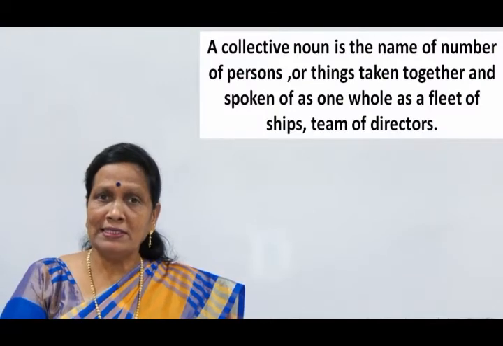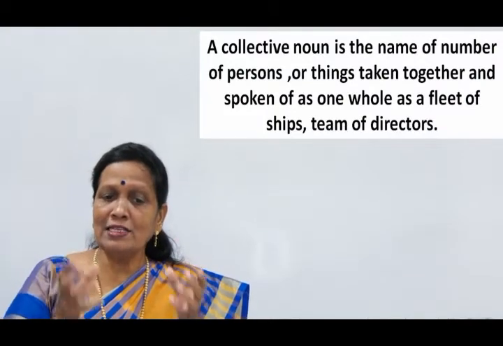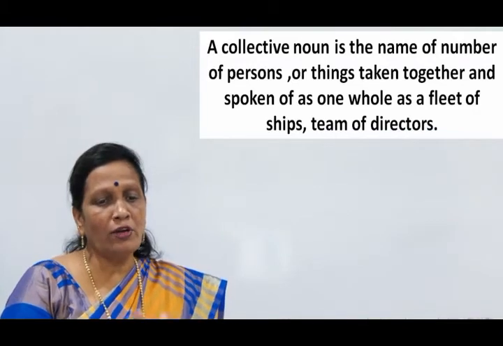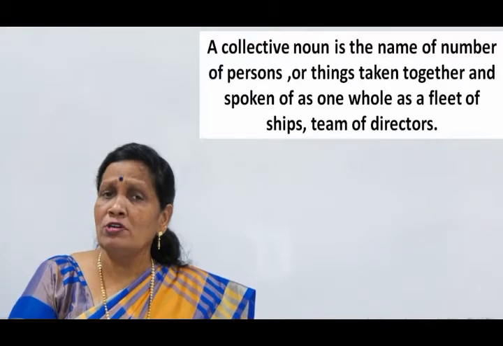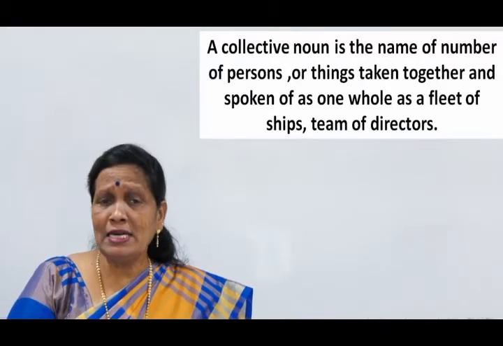So when you talk about persons or things taken together and spoken of as one whole, like a fleet of ships, a team of directors, a team of players, a crowd of people.